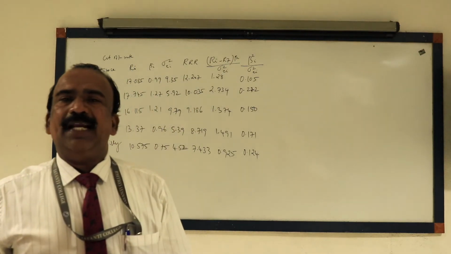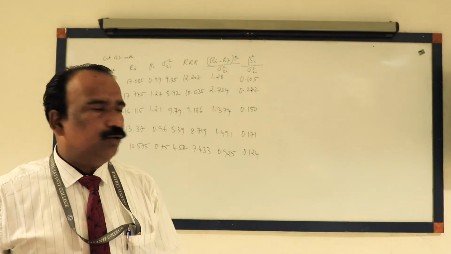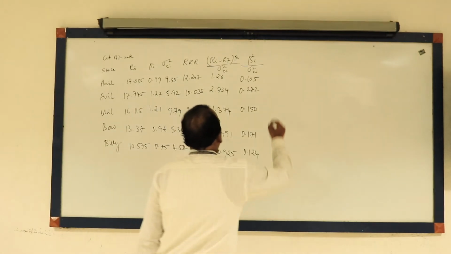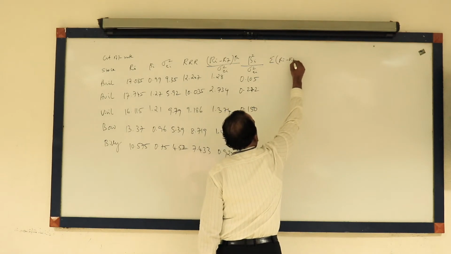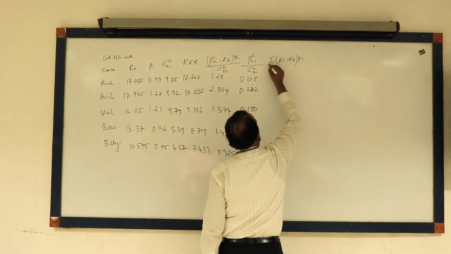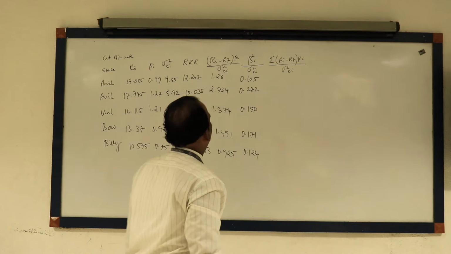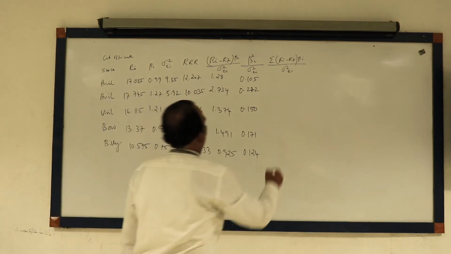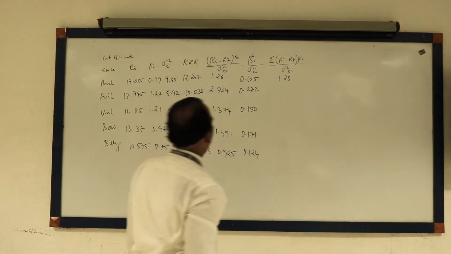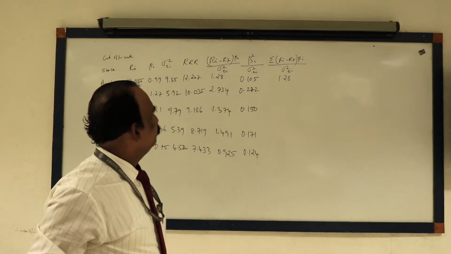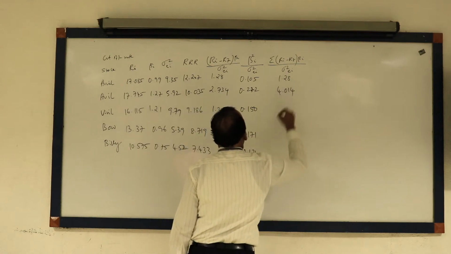Then get the cumulative sum of both sub-step 1 and sub-step 2. That is the sigma of Ri minus Rf into beta i divided by standard deviation square ei. The first one is 1.28. Second one, 1.28 plus 2.734 is 4.014.